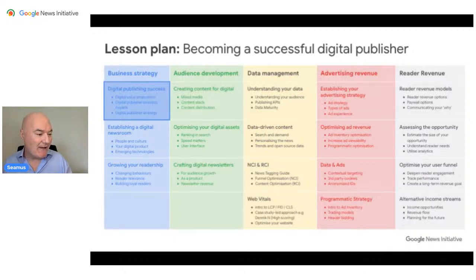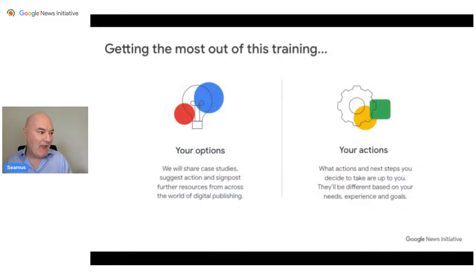News consumer insights, and also real-time content insights. And then advertising revenue, another host of lessons there. And then reader revenue, looking at things like reader revenue models, assessing the opportunity, alternative income streams. So lots to get our teeth into there. This is the first lesson, as I say, and we'll jump into that straight away.